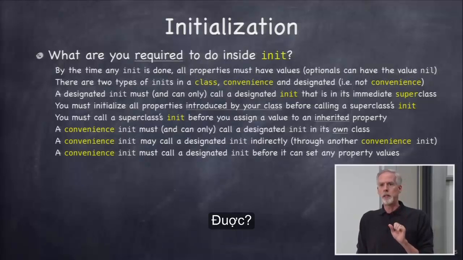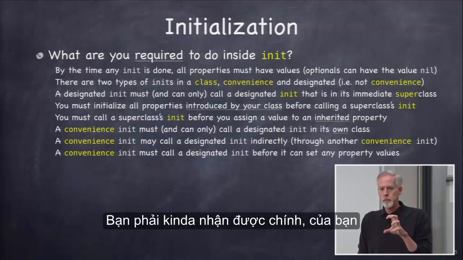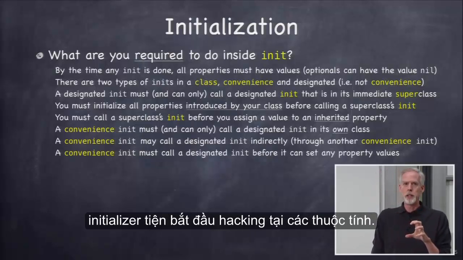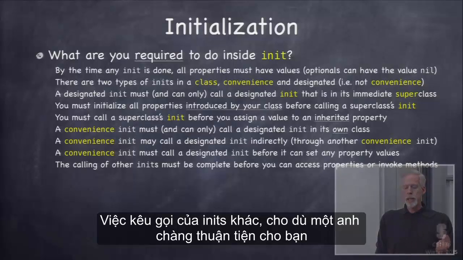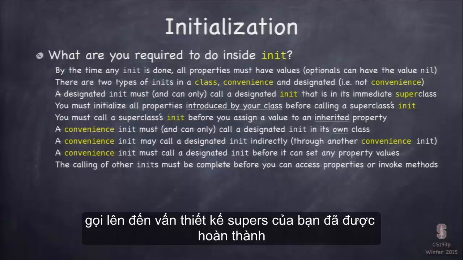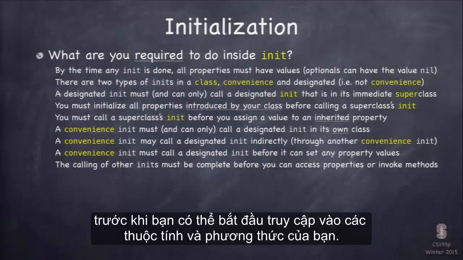A convenience initializer must call that designated initializer directly or indirectly before it can touch any values, obviously. You have to get your object primarily initialized before you can have the convenience initializer start hacking at properties. The calling of other inits, whether you're a convenience initializer calling your designated one, or whether you're a designated initializer calling up to your super's designated one, has to be complete before you can start accessing your properties and methods.